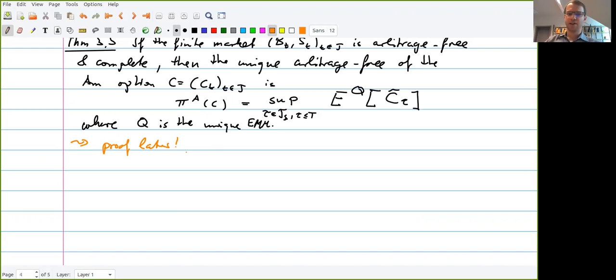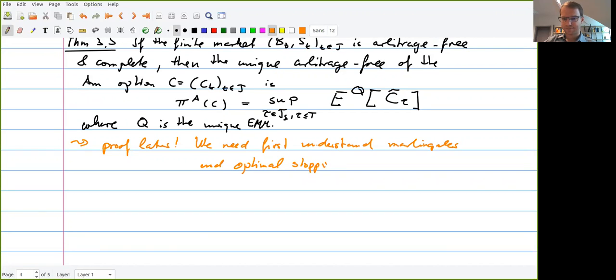So we will prove the theorem, but we first need to understand martingales and optimal stopping better.